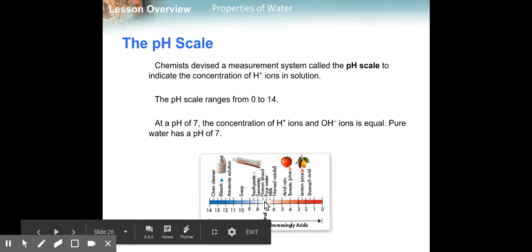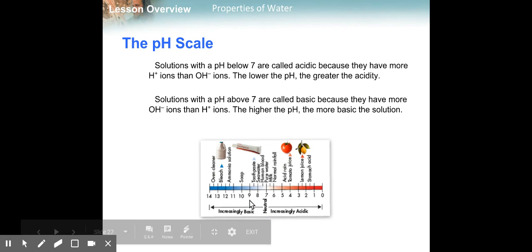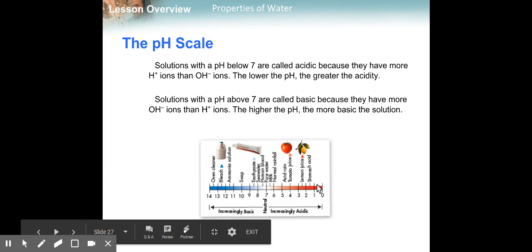At pH 7, the hydrogen and hydroxide ions are equal. If it's lower than 7, it's going to be acidic. If it's higher than 7, it's considered to be basic. Acidic things have more hydrogen ions. Basic things have more hydroxide ions.